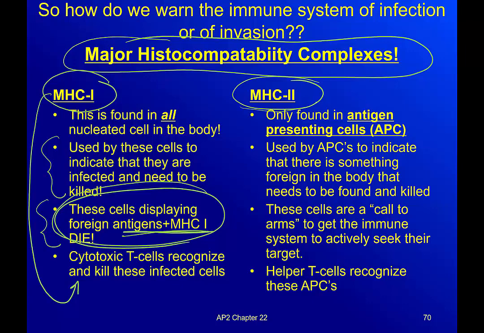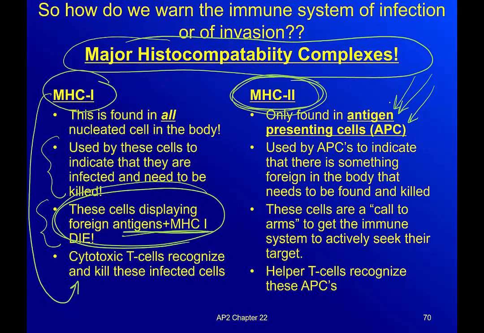MHC2 is an entirely different ballgame. MHC2 is found in antigen presenting cells. If you're presenting something to somebody, it means that you're showing them something, right? Antigen presenting cells are basically doing the same thing.